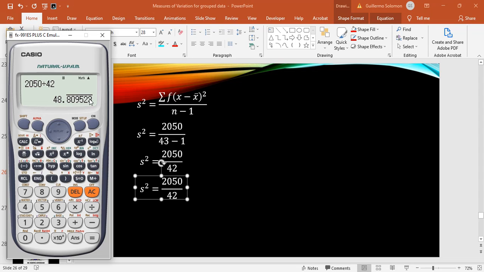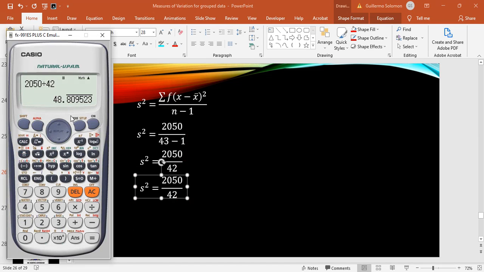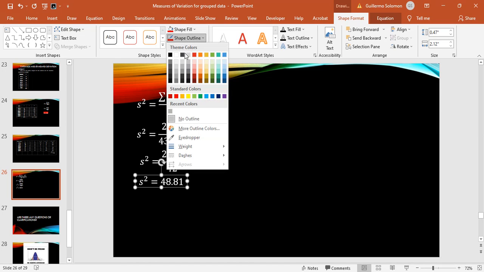Okay, umuulit yung decimal value niya. Okay, kaya ganun. So, gagamit tayo ng 2 decimal values, that is 48.81. Ngayon sa final answer, gagamit tayo ng 2 decimal values. So, ayan. Ito na po ang ating variance.